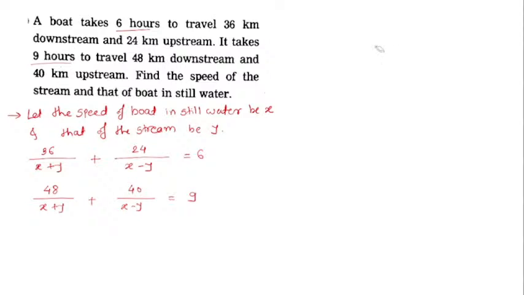Now these are the two equations in two variables. We have to solve these linear equations, simultaneous linear equations in two variables. आता ह्याच्यासाठी ह्या दोन इक्वेशन मध्ये आपल्याला सबस्टिट्यूशन करावं लागेल.